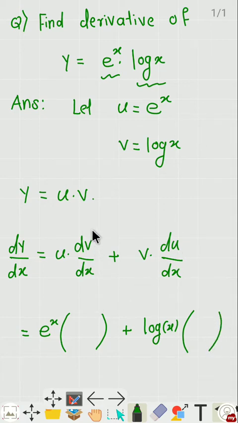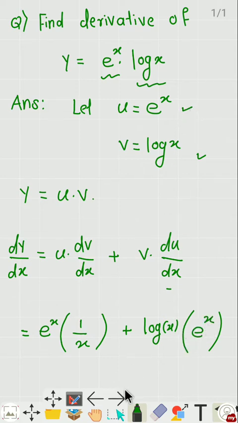So derivative of v with respect to x, v function is here and its derivative with respect to x is 1 upon x, plus log x into derivative of u with respect to x, u function is here and its derivative is e raised to the power x.